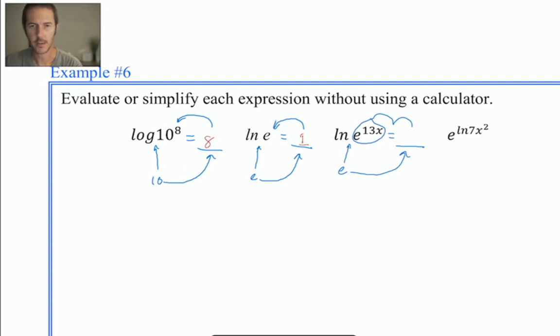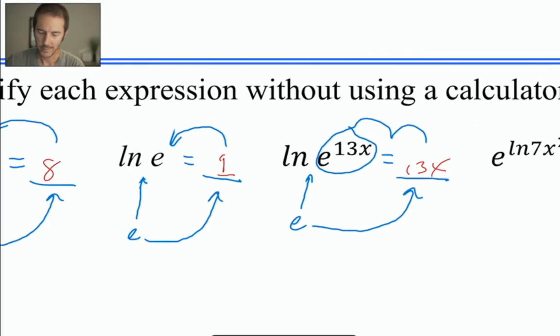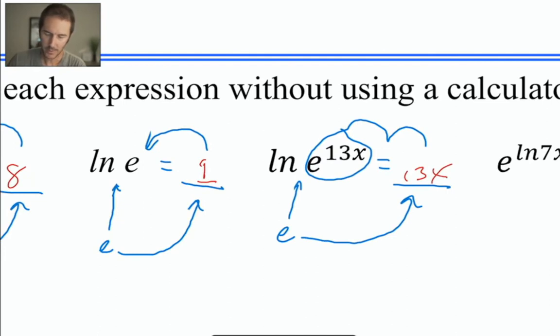e to the 13x? I think that e to the 13x equals e to the 13x. Do you see how if I think of it as the natural log and the e canceling each other out, the only thing I'm left with on the left-hand side is the 13x, and there it is. On the right-hand side, it's equal to 13x.